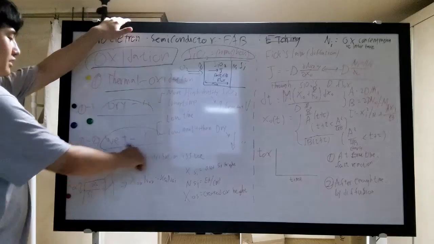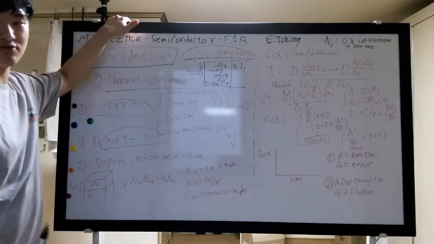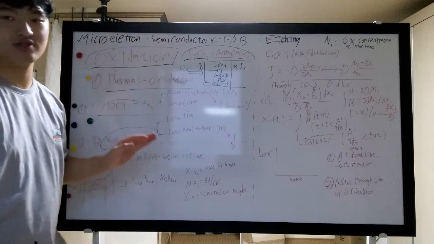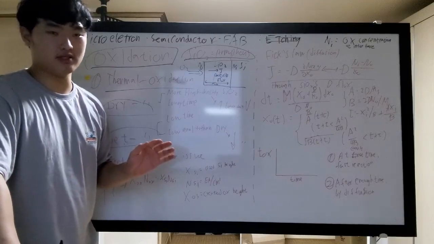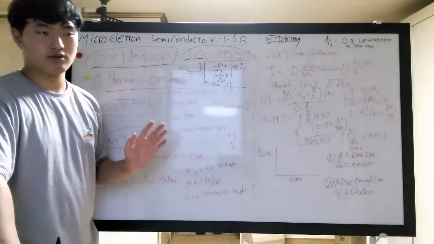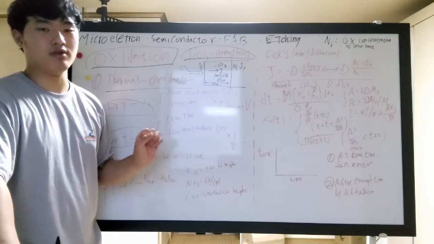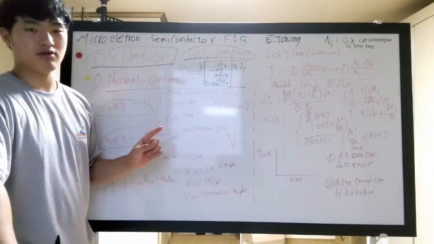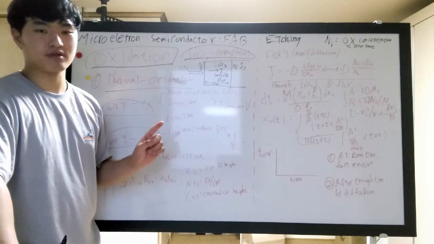And secondly, the wet process, simply using water. We know water's composition is 2H and 1 oxide.